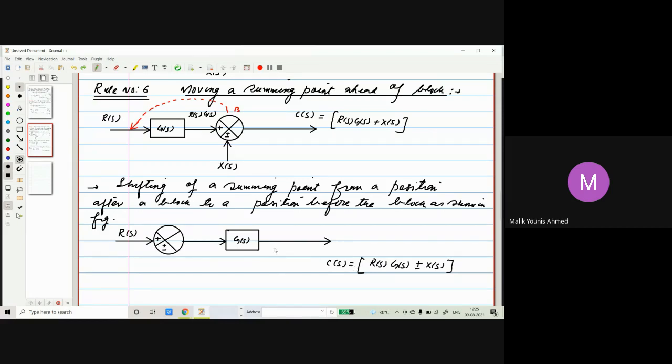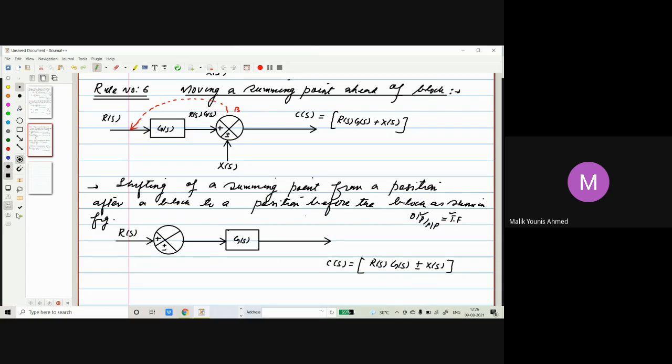Output is given to us, that we know. Input is this. So output by input is transfer function. Transfer function we know, output we know, so we can write the input. How can we write the input?